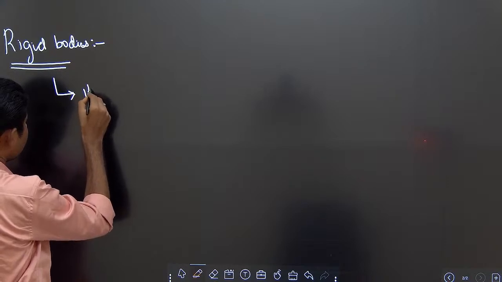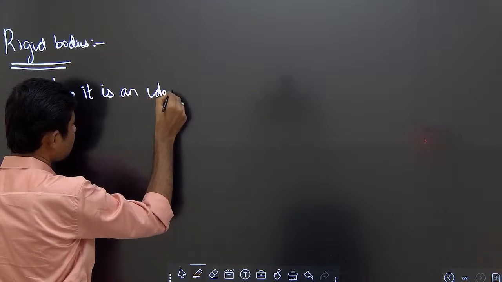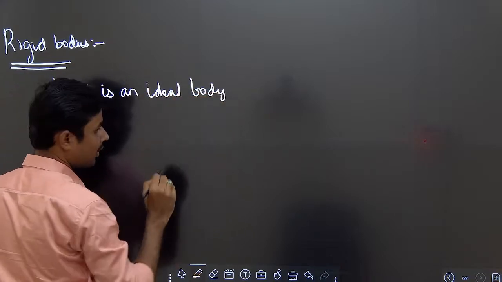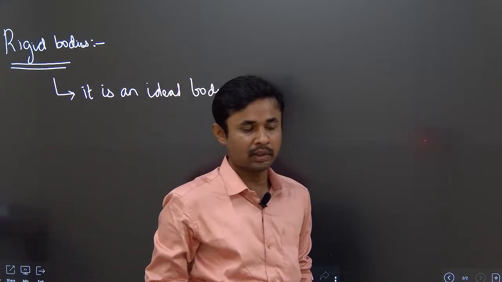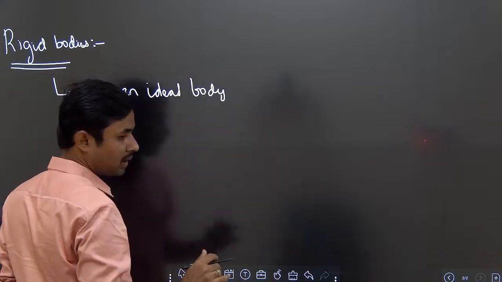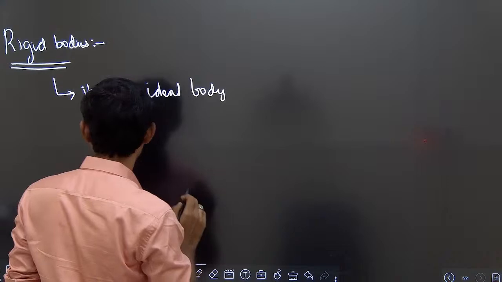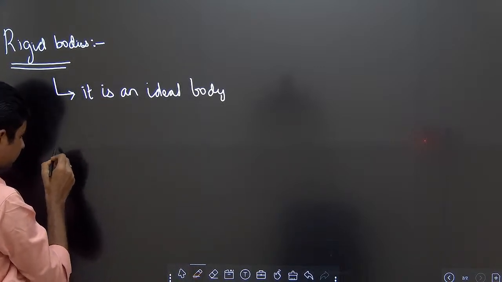It is an ideal body. It means in real life there is no body which is a rigid body. First I would like to explain what is meant by a rigid body.